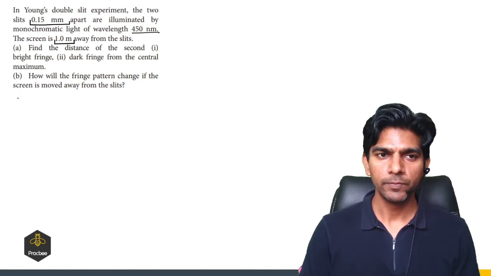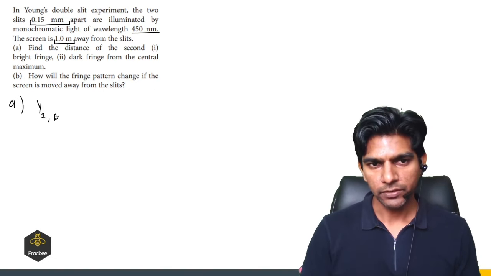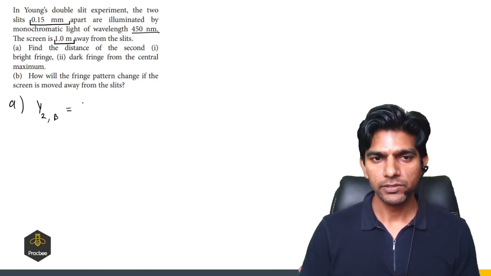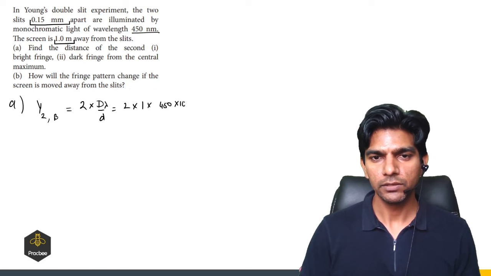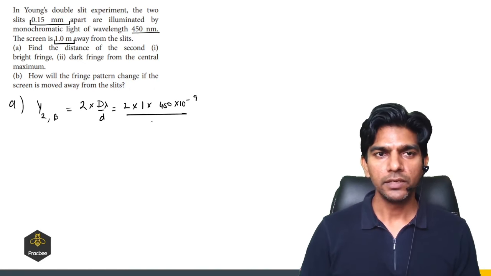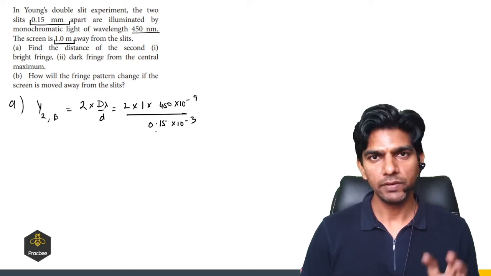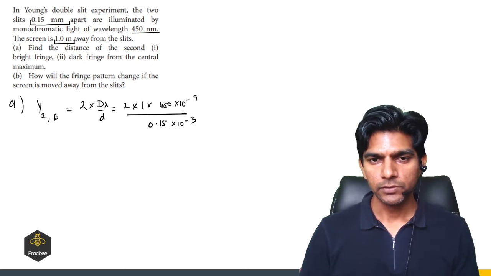For the second bright fringe, the formula is n D lambda by small d, so it will be 2 times D lambda by small d, so it will be 2 times 1 times lambda, which is 450 into 10 raised to minus 9, and d is 0.15 into 10 raised to minus 3. I have converted all parameters into SI units. So this will be 0.01 and this will be 30.